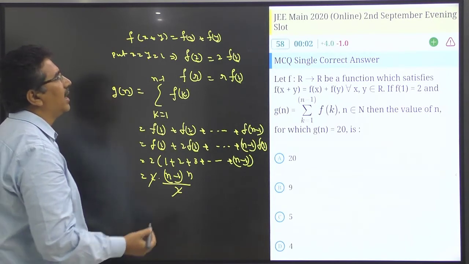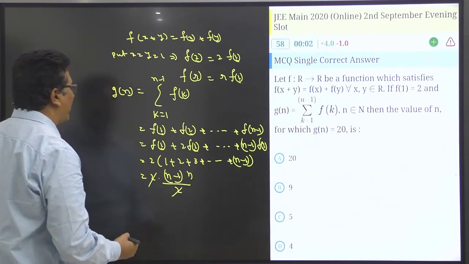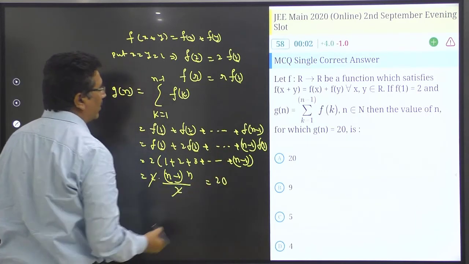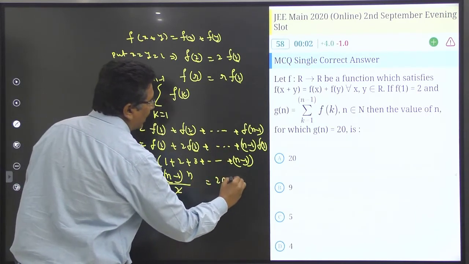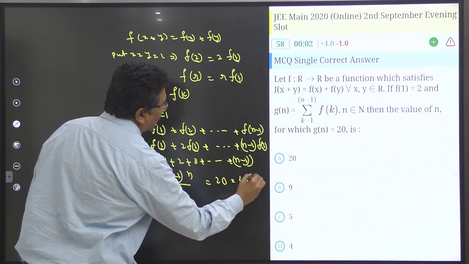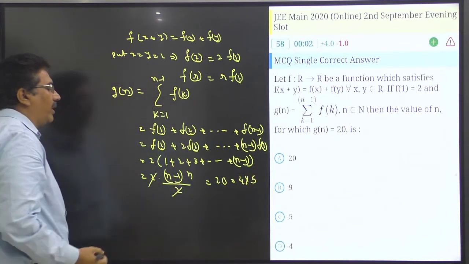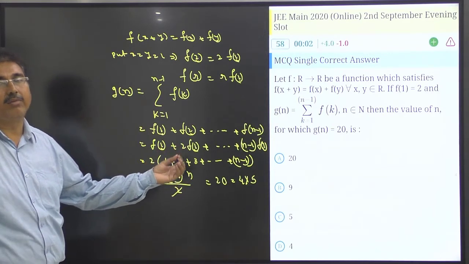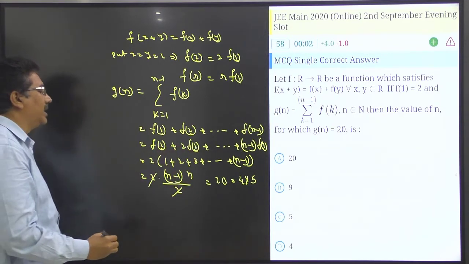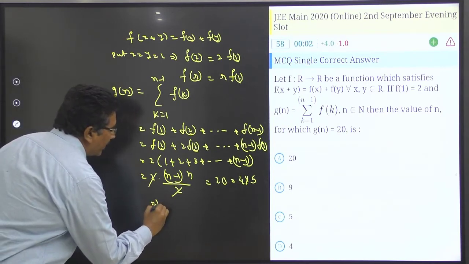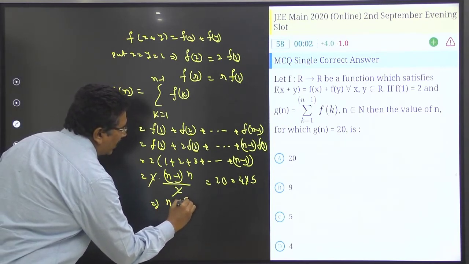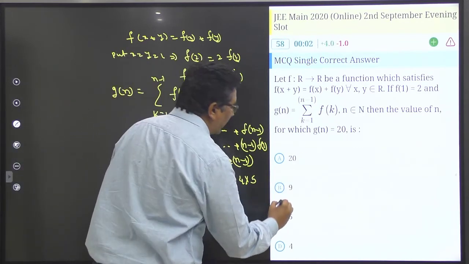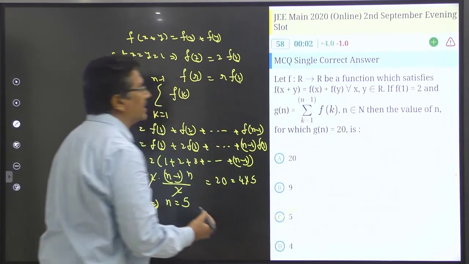Given that g of n is equal to 20, that is equal to 4 into 5. n into n minus 1 is equal to 5 into 4, that implies n is equal to 5. Therefore the value of n is 5.